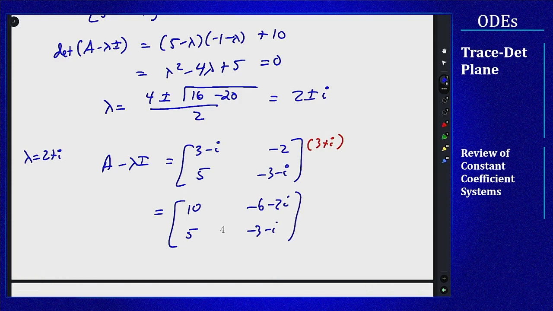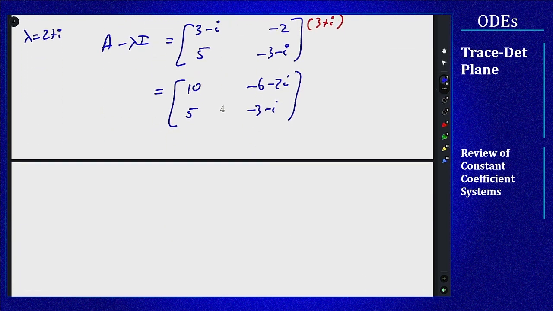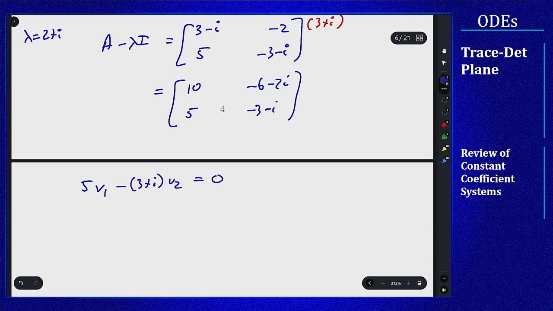And so to find an eigenvector, I can use the fact that based on the bottom row here, 5v1 minus (3 plus i)v2 equals 0. Now, one way to do this is by picking v1 equal to 3 plus i and v2 equal to 5. If I do that, this expression becomes 0. So I can choose that for my corresponding eigenvector.